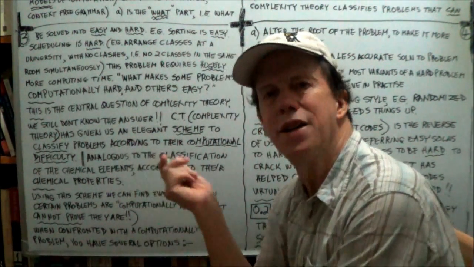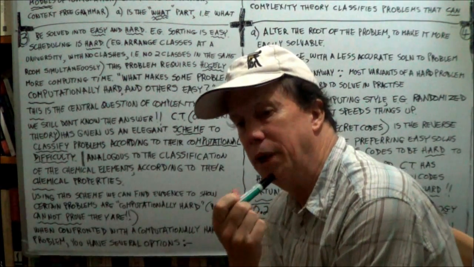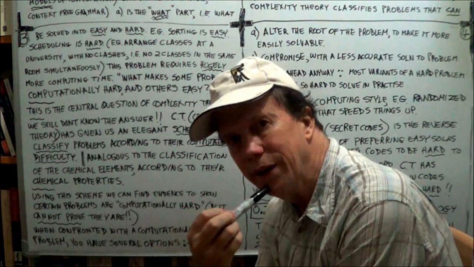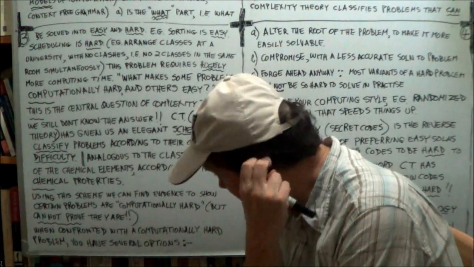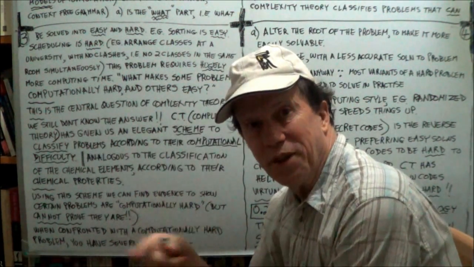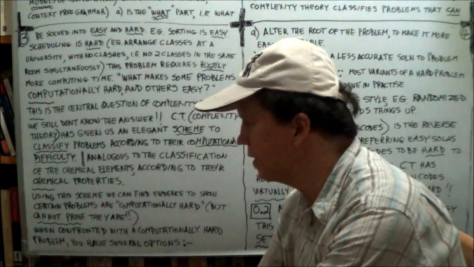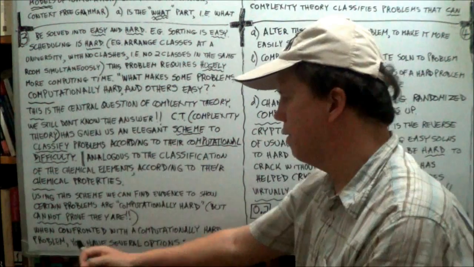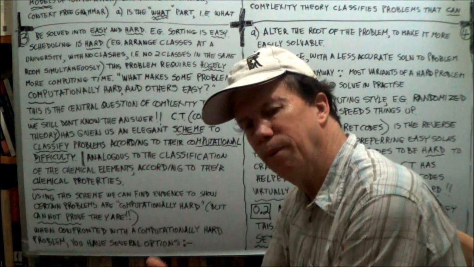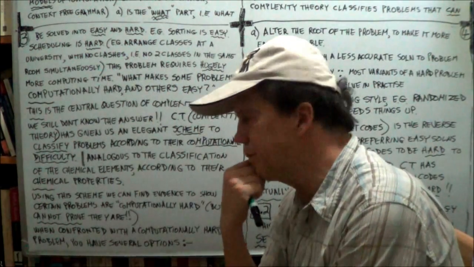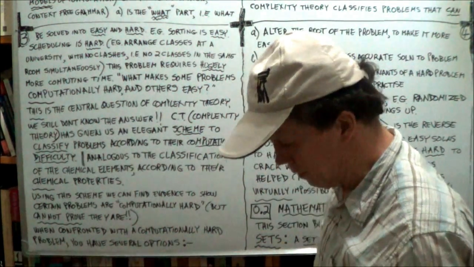In this context, hard tends to take on a technical meaning: computationally demanding, requires lots of time, a lot of effort on the part of the computer, lots of cycles to find the solution. In that sense of hard. So if you're confronted with a hard problem, what do you do? The text mentions that you have several options.